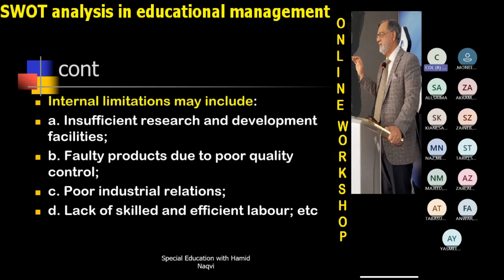So lack of skilled and efficient labor here means lack of skilled and efficient teachers. If you made the strategic decision to establish a school in a rural, far-flung area where people are unwilling to go, that may also be one of the limitations.